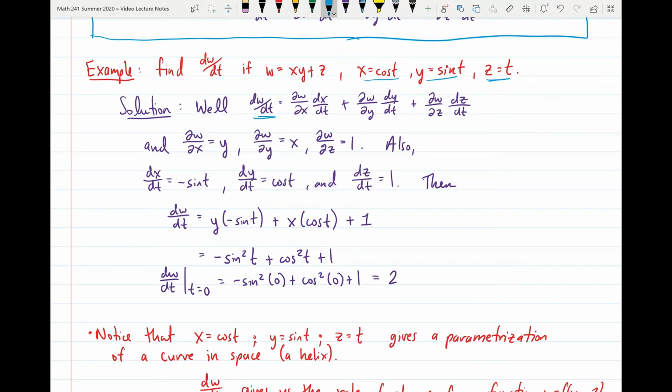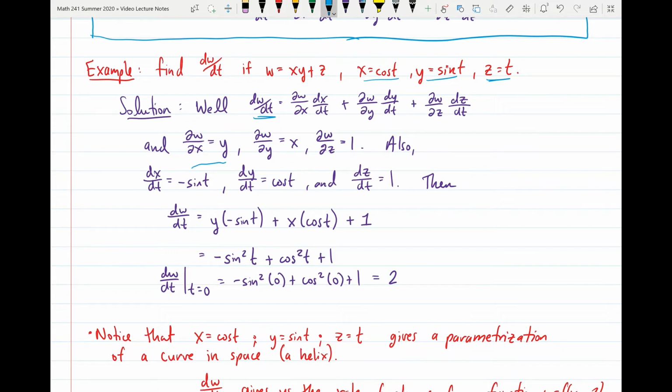So first, partial w with respect to x. Well, y and z will be held constant. And ultimately that gives us a y. Partial w with respect to y, we have x and z being held constant, and that'll give us an x. And then the partial derivative of w with respect to z is going to give us a 1, since x times y is just a constant.